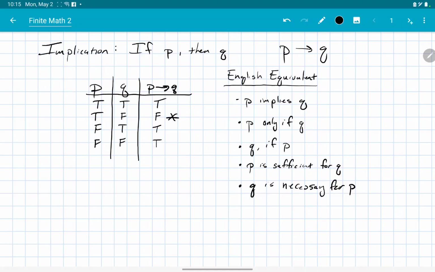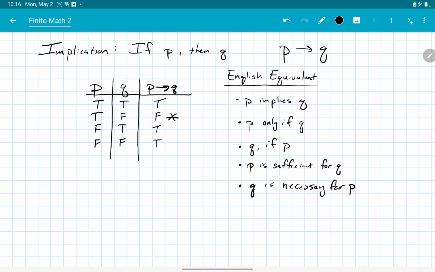For a number to be even, it is necessary for the number to be divisible by 4. See, this sounds wrong. This one sounds wrong. Right? If I was to flip it, a number is even is necessary for it to be divisible by 4.